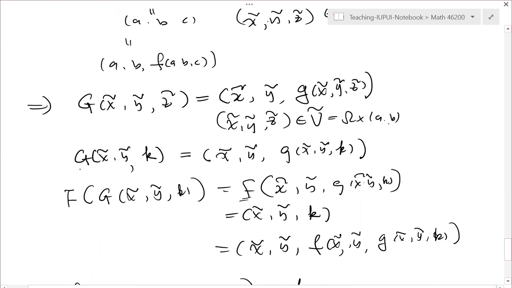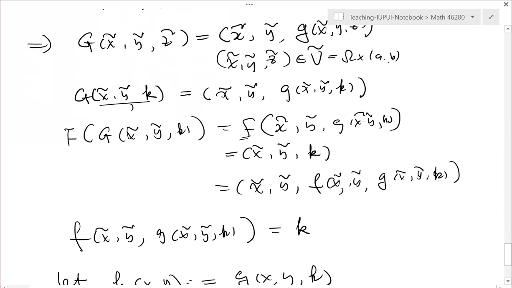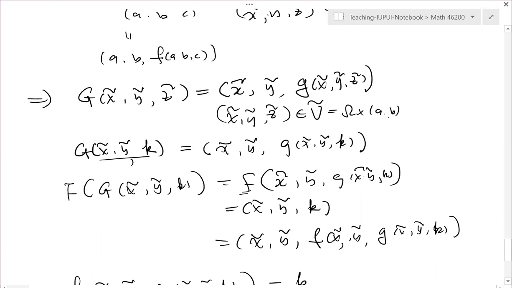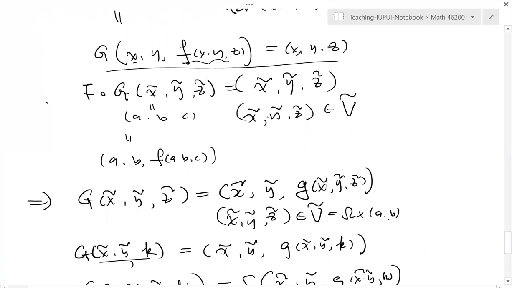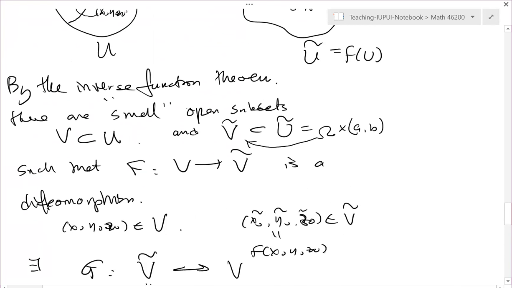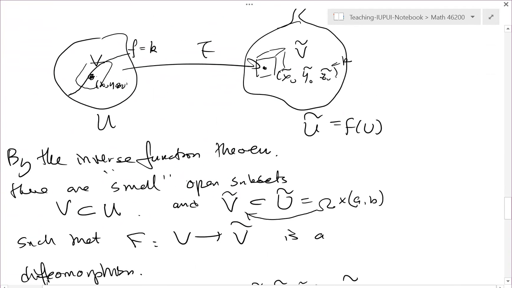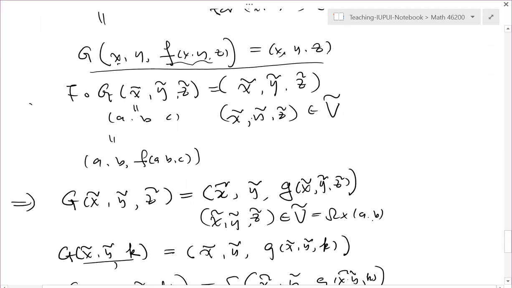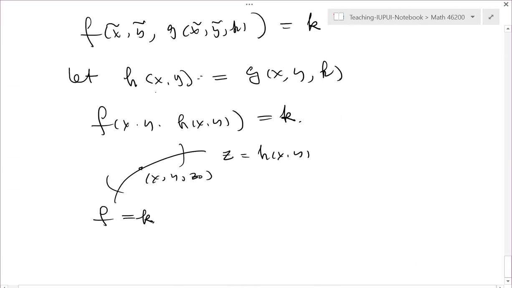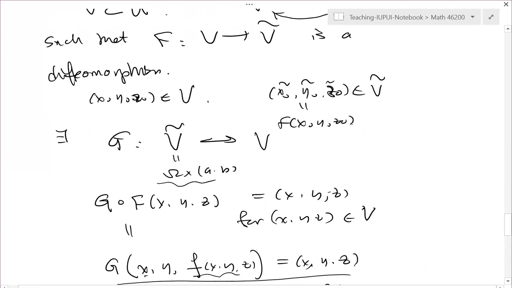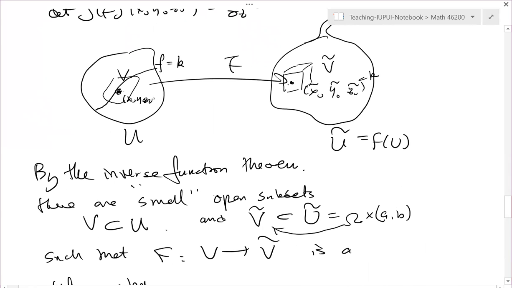And because this G sends the map, the image of this point actually gives us a graph. So on the picture here, when the third component is Z, what I was talking about is this plane.